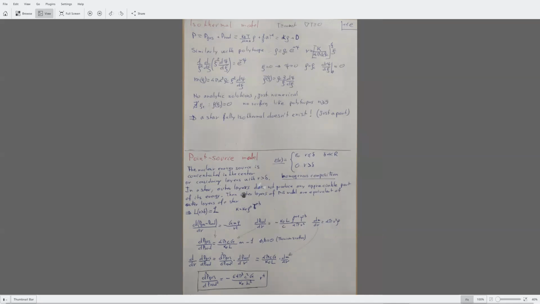The Cowling model is more general, for stars with a radiative envelope, and homogeneous composition. The composition is quite simple. It is homogeneous because, since there is no source of energy and no nuclear reaction, the composition cannot change, it stays there.